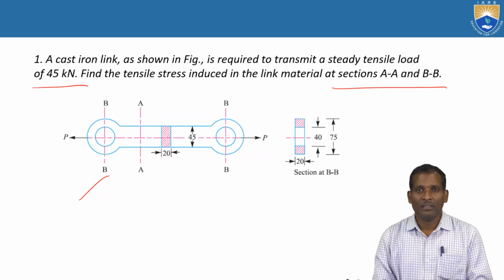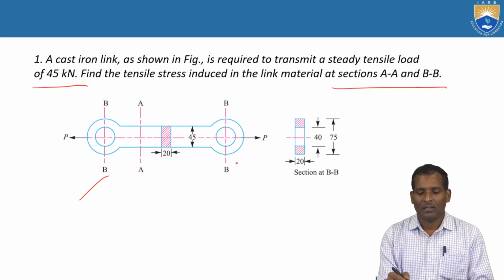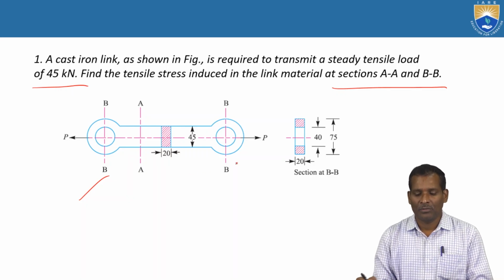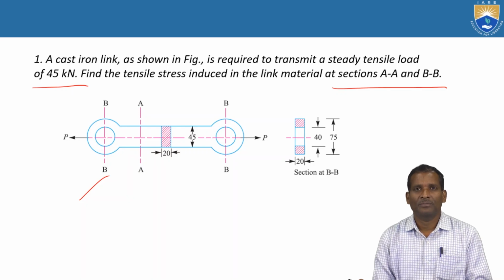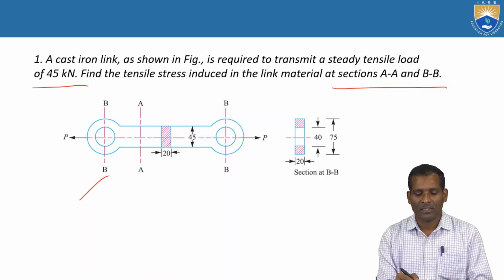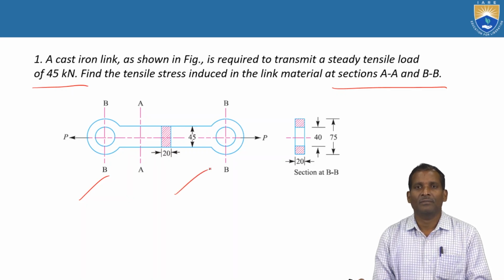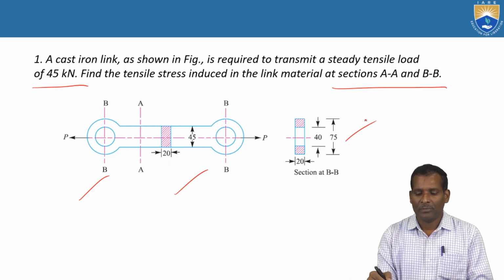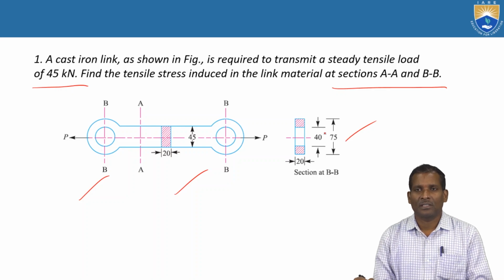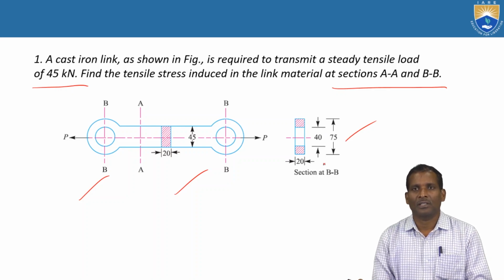Here the tensile load is 45 kilonewtons, and the cast iron link is shown in this figure, with dimensions inside and a sectional view at BB.